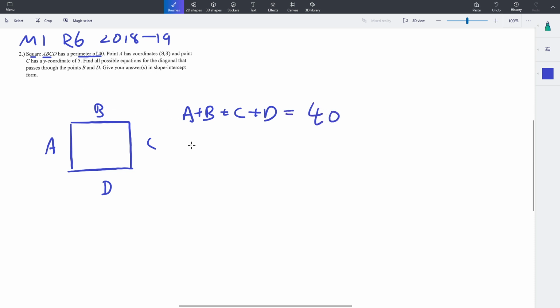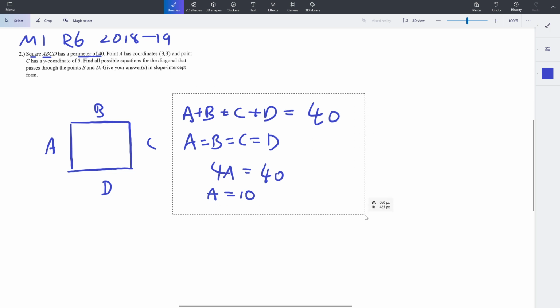Since it's a square, A equals B equals C equals D. So essentially, you can just say 4A equals 40 because they're all the same. Now we know A equals 10, and therefore A, B, C, and D are all 10.